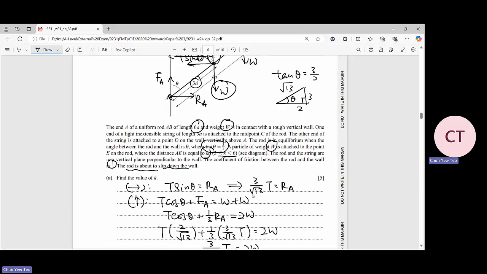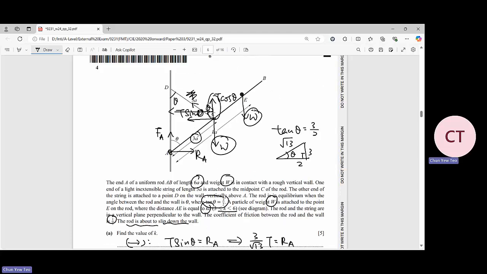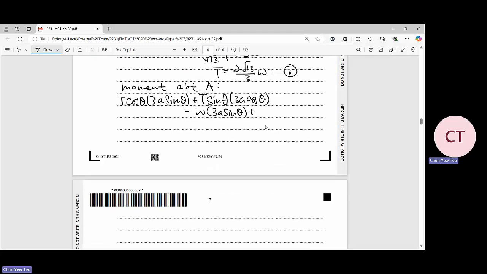Then the W over here will be Ka sine theta. So you can see that a sine theta can be cancelled off. Then on the left-hand side, you have 6 cos theta is equal to 3W.